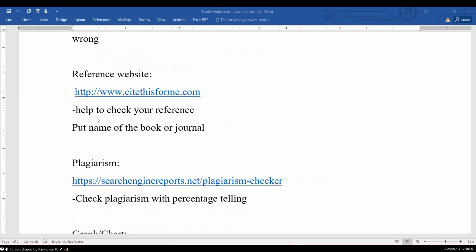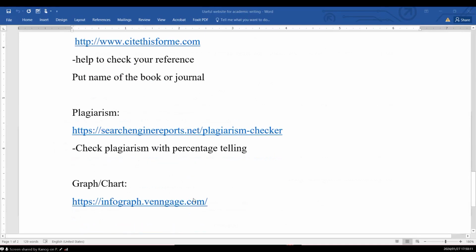It helps you check your reference, the name of the book or journal, correctly. For plagiarism, you might go to this one. And if you want to use a graph or chart, you might go through this website to put in your research paper.